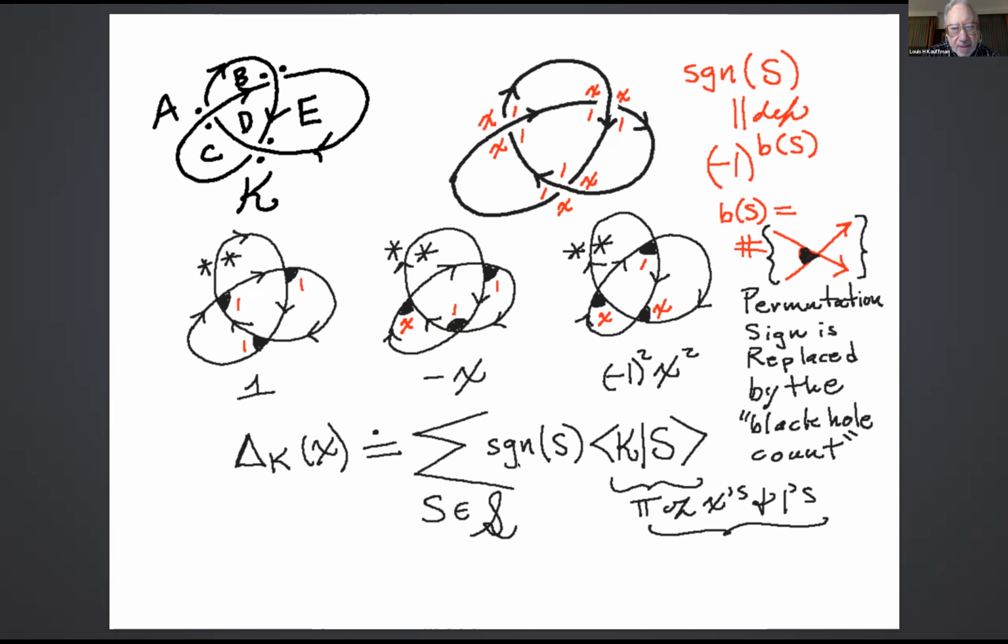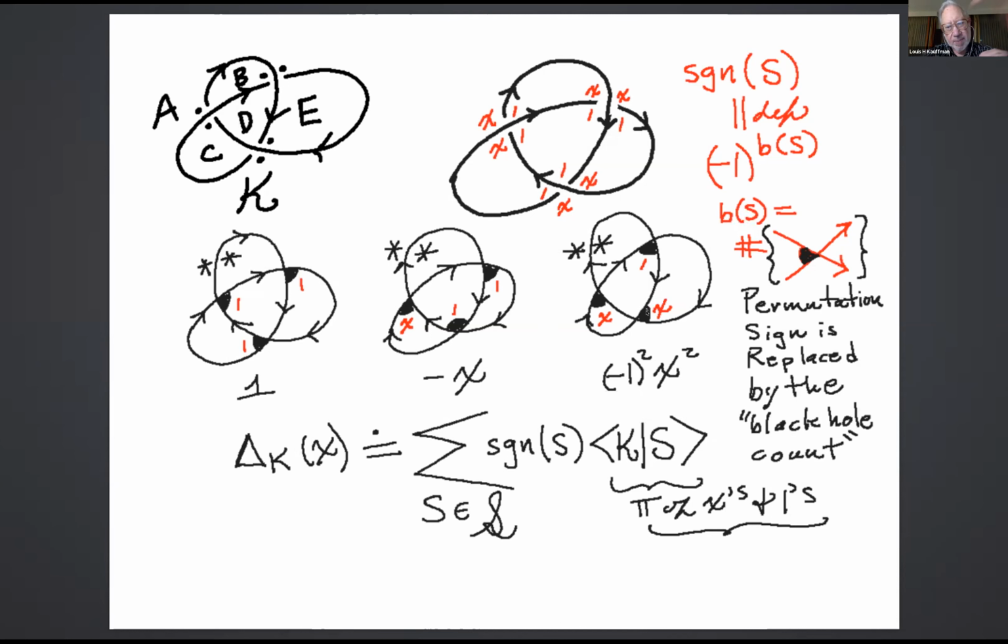And then something fortuitous happened, which wasn't obvious immediately. And that is that if you take -1 to the number of black holes in the combinatorics, and I call a black hole a marker where two oriented edges are going inward around the marker. So this is a black hole, and that's a black hole. All right.